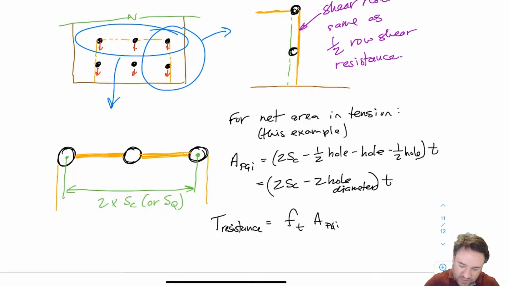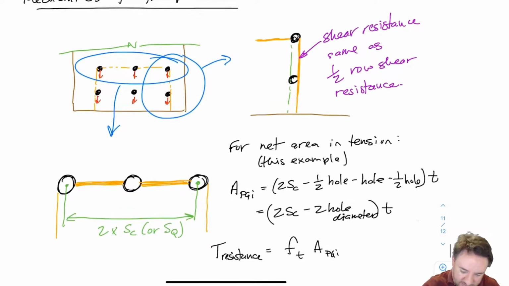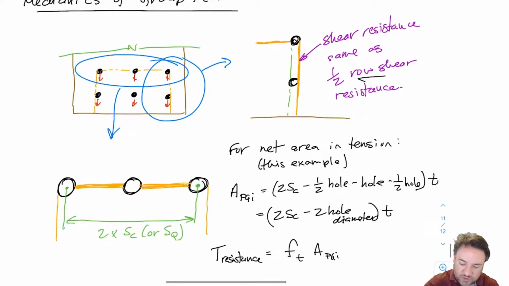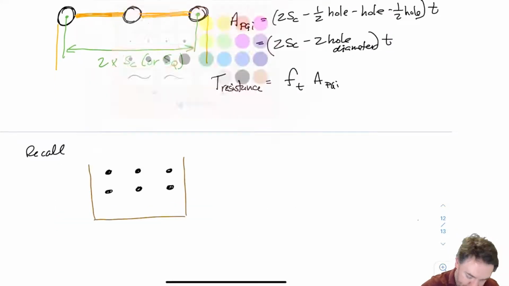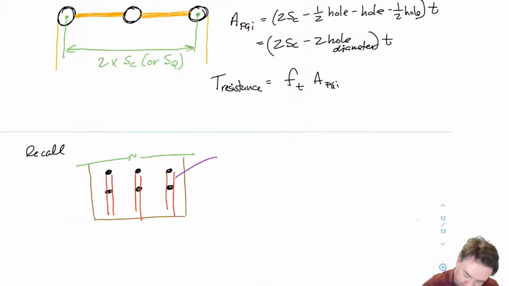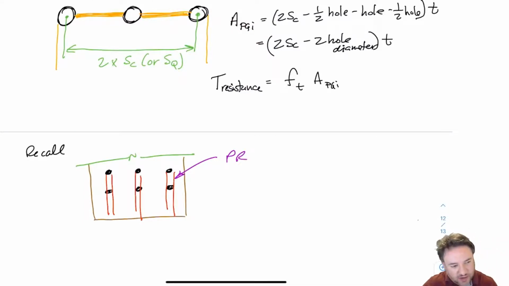Okay, so then the last bit that I want to point out is with regard to shear resistance. Let's remember how we talked about row shear resistance before, because we're going to need the row shear resistance for here. So when we had row shear resistance, we called those PR. That's for tension or compression.